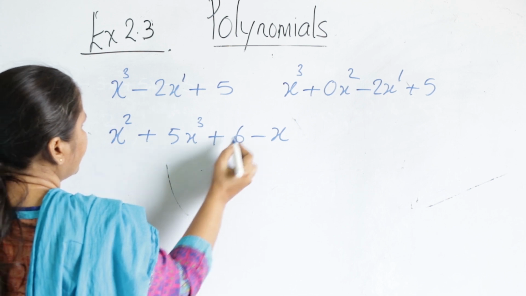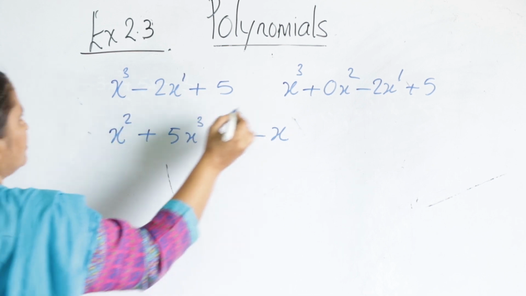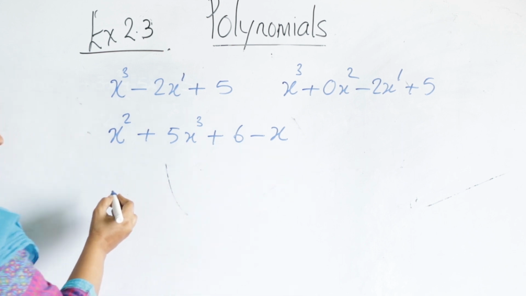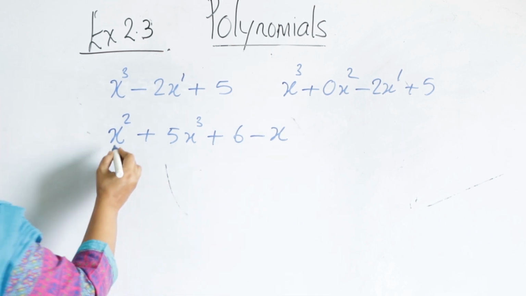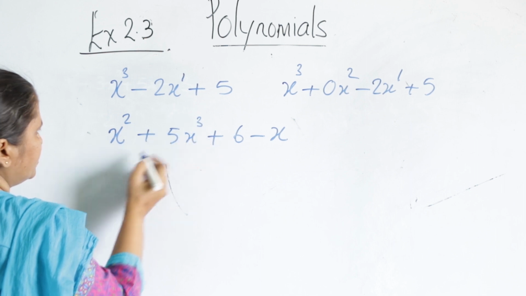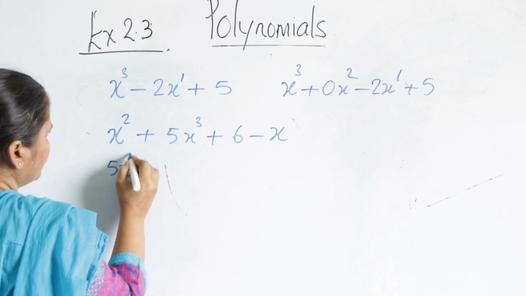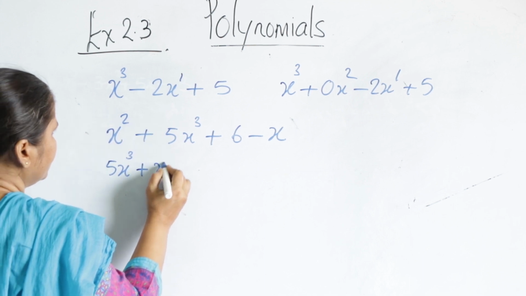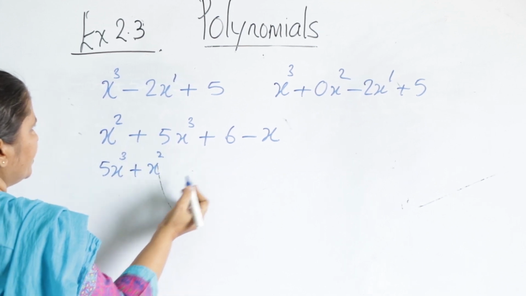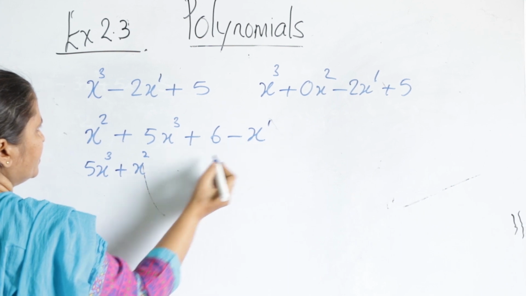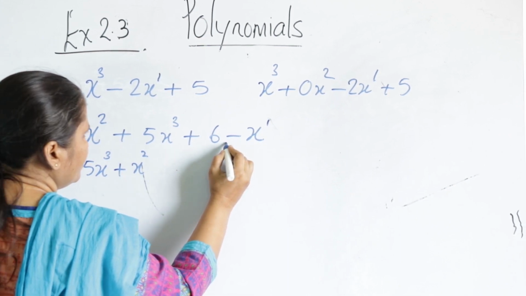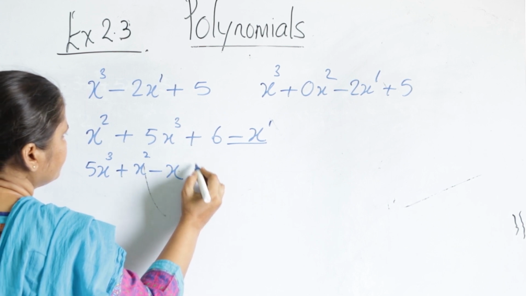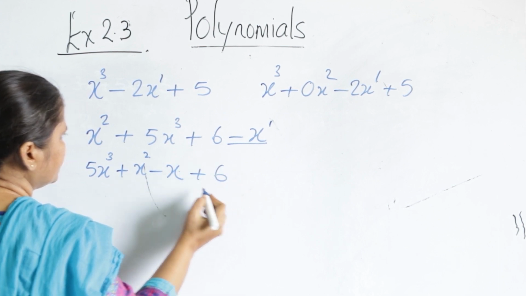And then the second point that you need to remember is to arrange them in the descending order of the exponent of the variable. Now the highest is this, so first put this as the first term, x raised to 2 is the second term, and x raised to 1 is the third term, and you should take it along with the sign, minus x plus 6, right?